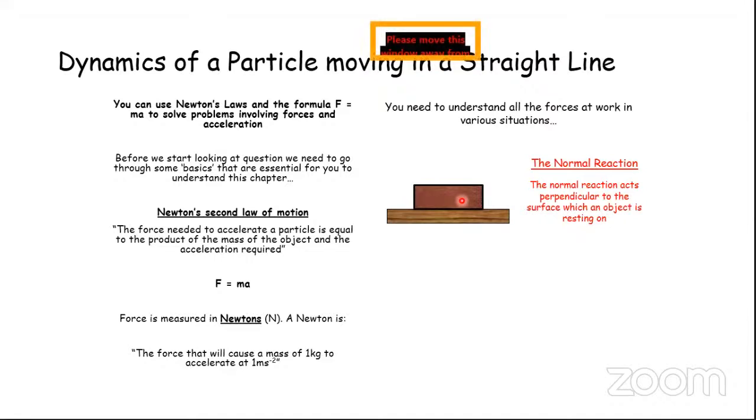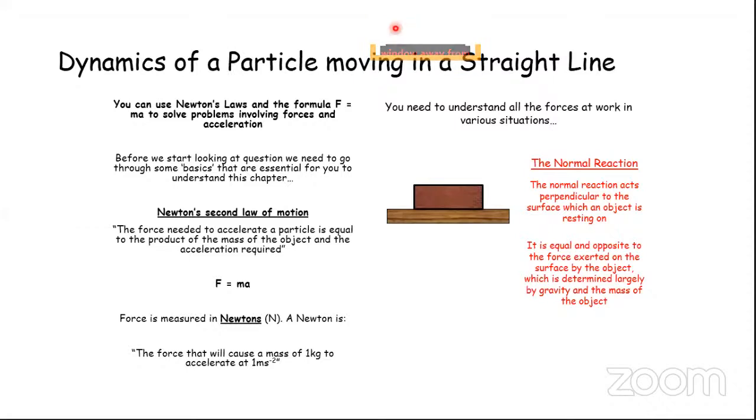So we're saying the normal reaction acts perpendicular to the surface which an object is resting on. So perpendicular meaning it is 90 degrees. So who can read for me this second statement here, which begins with "it is equal"?